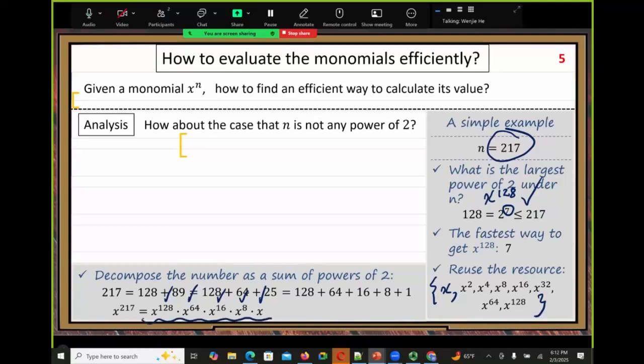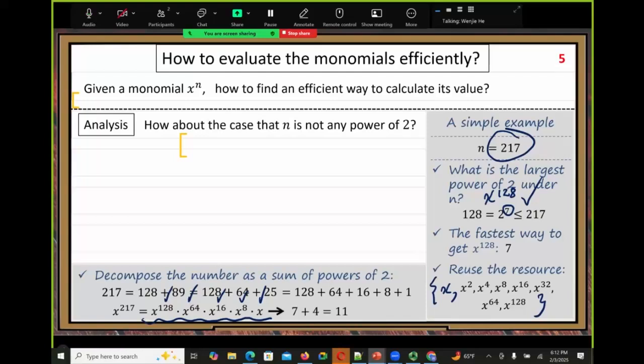Then, to form your final expression, how many more multiplications do you need? You still need to do some multiplication. How many dots are there? Each dot corresponds to one multiplication: 1, 2, 3, 4. Four dots. That means other than the objects you pick from your resource pool, you still need 4 more multiplications.